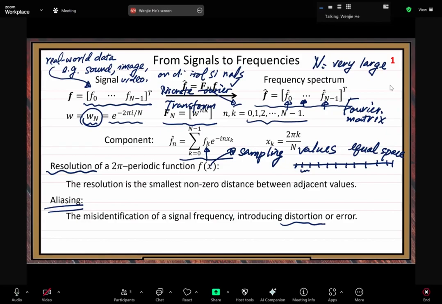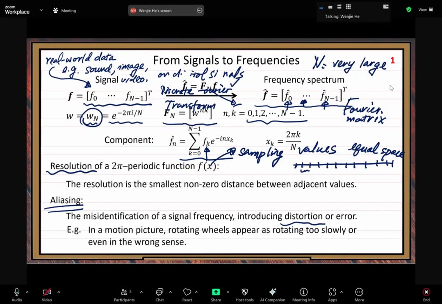The location you calculated is different from the real location, right? So that's the problem. Your error is relatively large, so you calculate the wrong location. That's the aliasing problem.